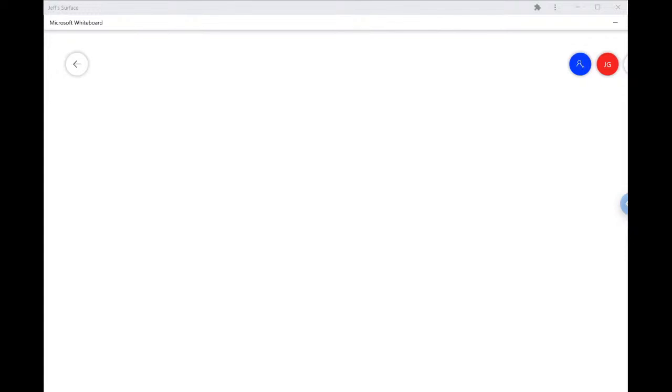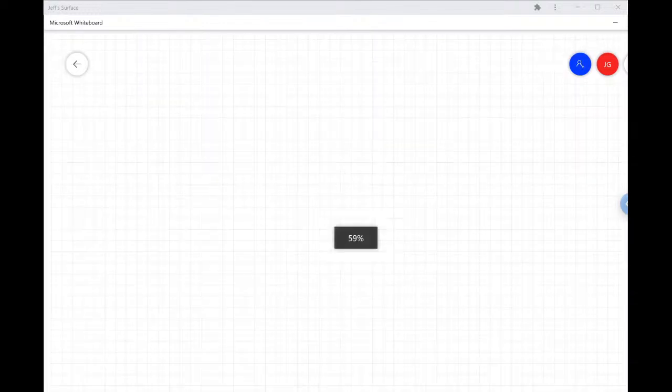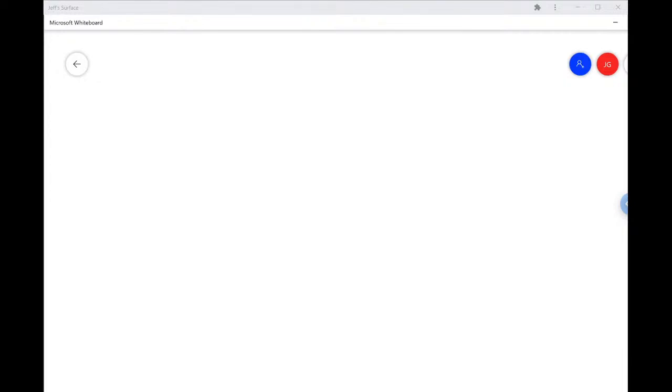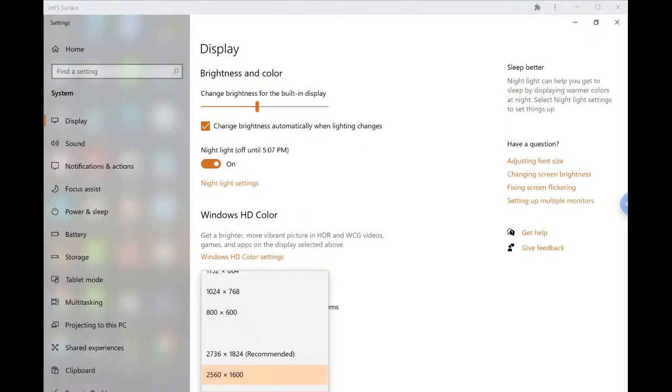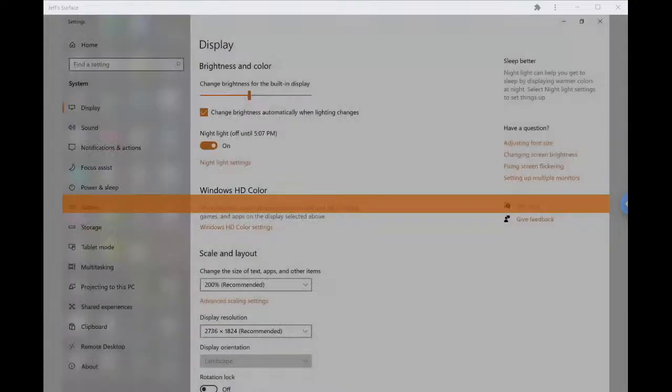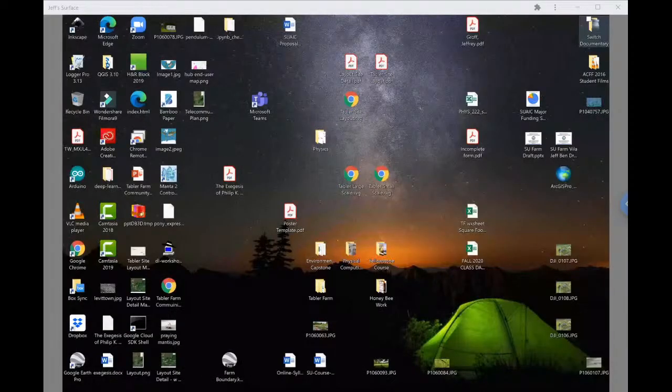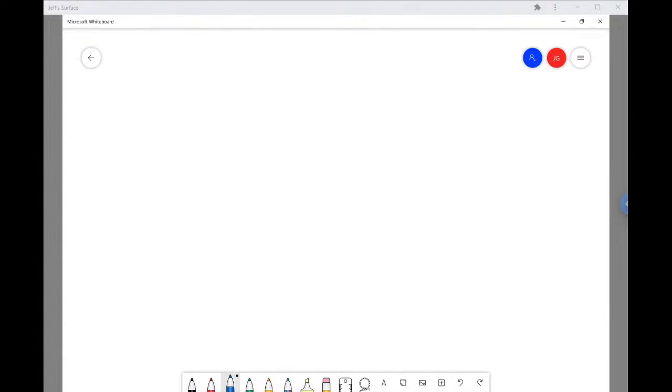Ah, jeez. Technical glitches. All right. So I don't think I'll draw the picture again. Great. What the heck? All right. So now at least I can see the whole screen.